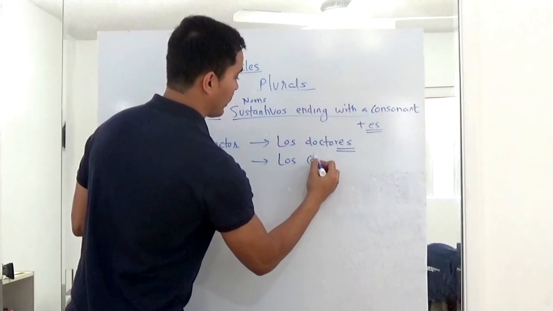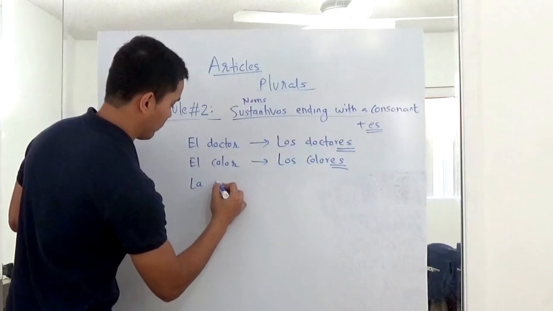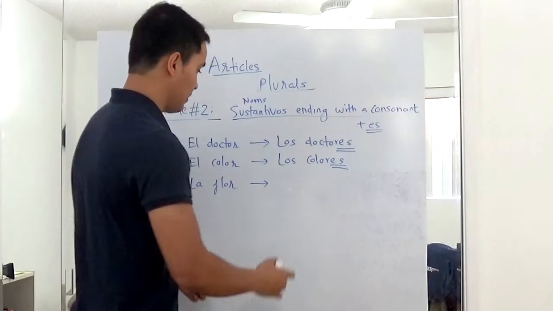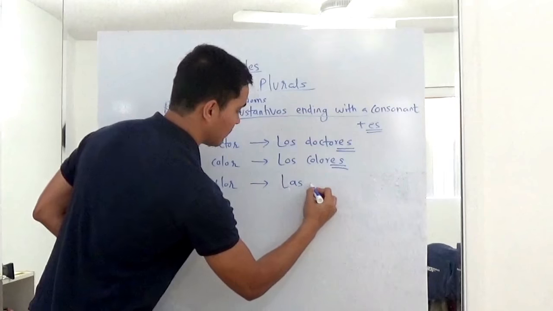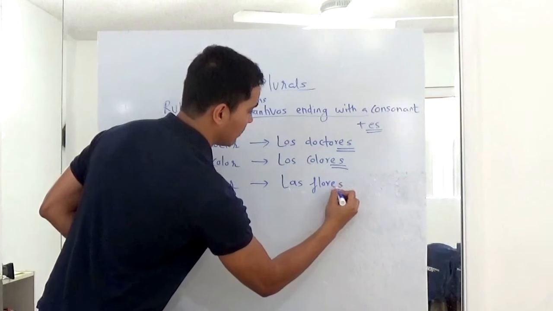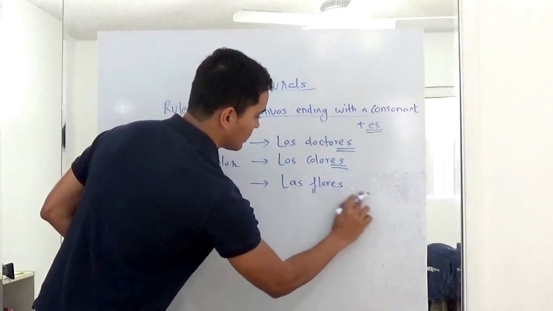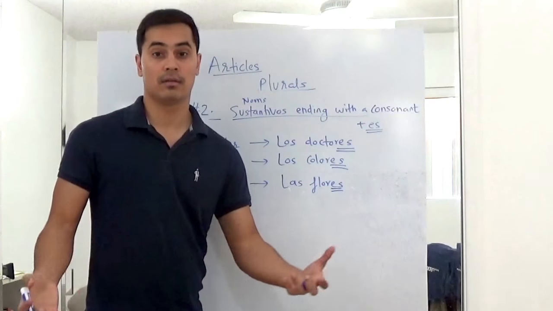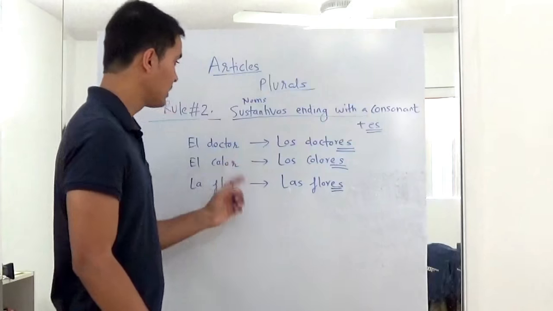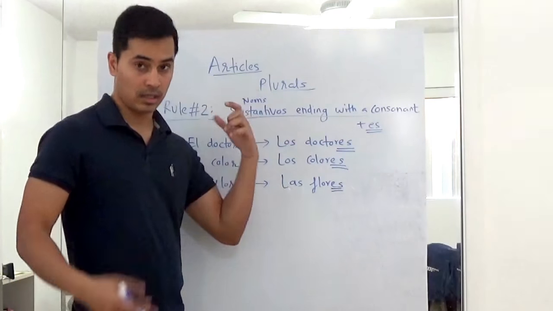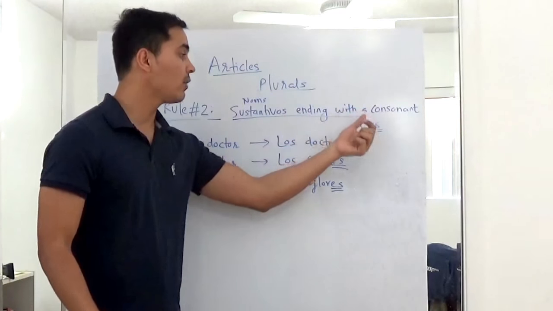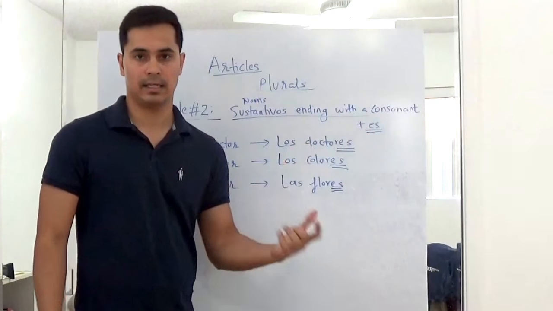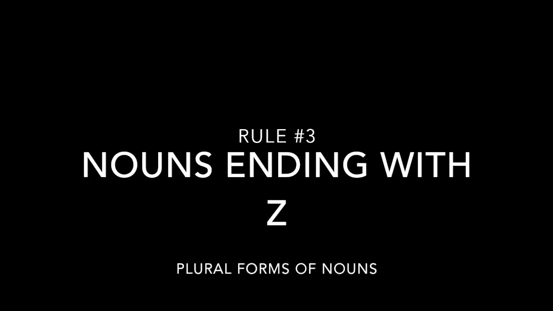Los colores. La flor, which means the flower. Plural form, las flores, the flowers. So if you see, I added es at the end of the word to make the plural form. This is for the nouns ending with a consonant, not a vowel, right? So you add es at the end to make the plural.